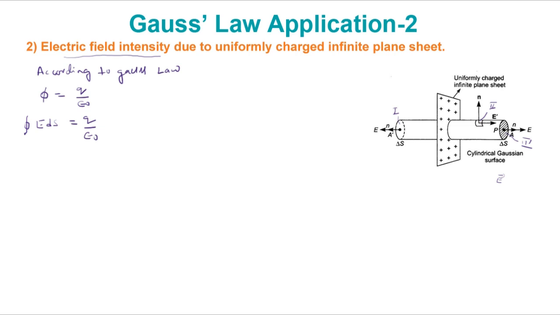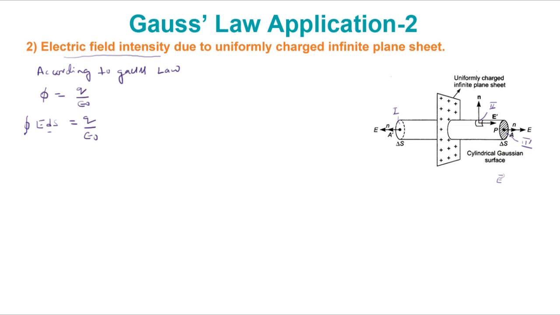Flux is the product of surface area and electric field intensity, or the number of electric field lines passing per unit area. This is the flux formula, which represents only magnitude.